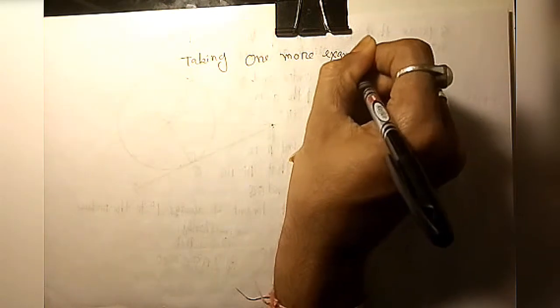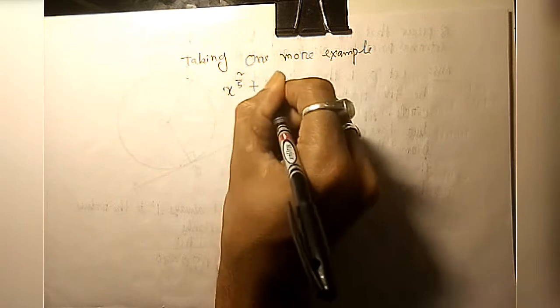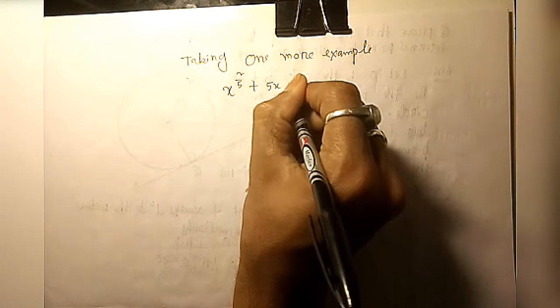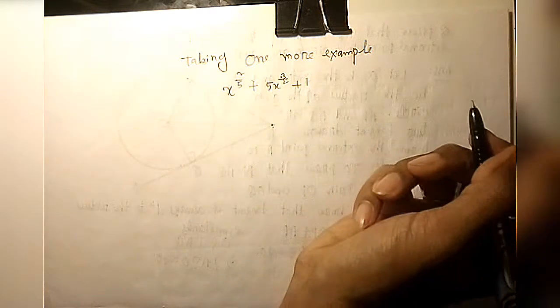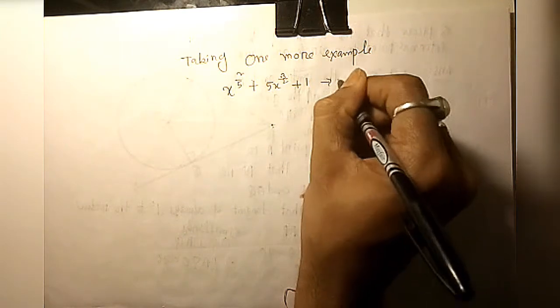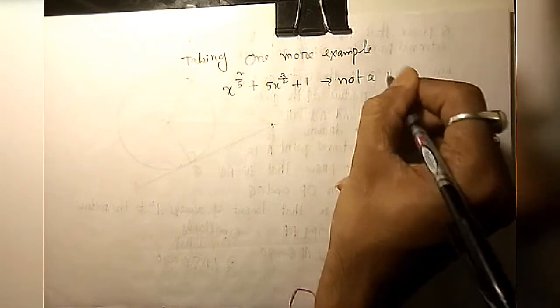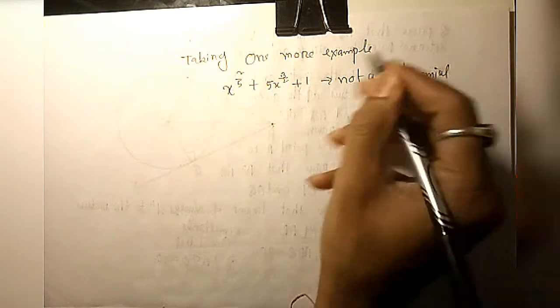Taking one more example, x to the power 2 by 5 plus 5x to the power 3 by 2 plus 1. So this is an expression. In this expression we have seen that the powers of the variable are not whole numbers.